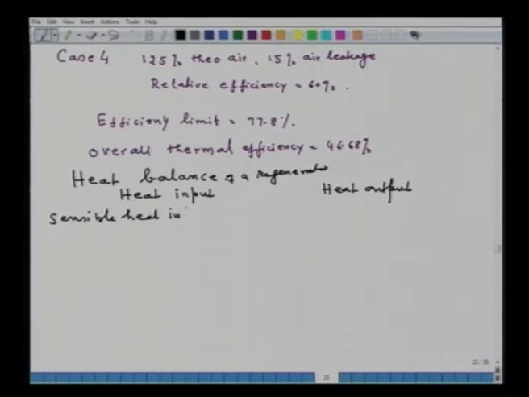So, sensible heat in is equal to 7073 kilocalorie.